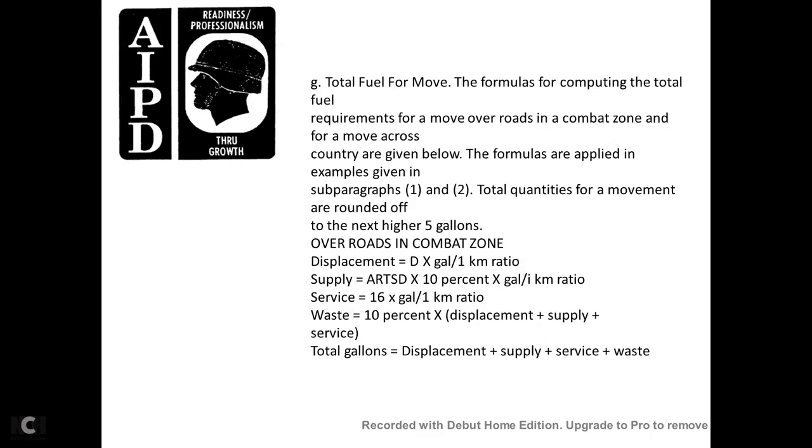Total quantity moved over the roads in the combat zone: displacement, the distance times the gallons per kilometer ratio; supply, the ARTSD times 10% times the gallons per kilometer ratio; service is 16 times the gallons per kilometer ratio; and waste is 10% times the displacement plus the displacement, supply, and service added together. Total gallons equals displacement, supply, service, and waste.